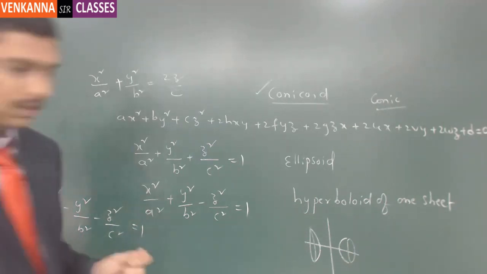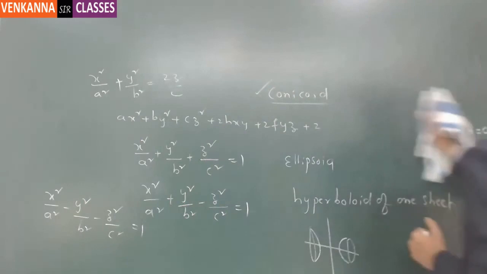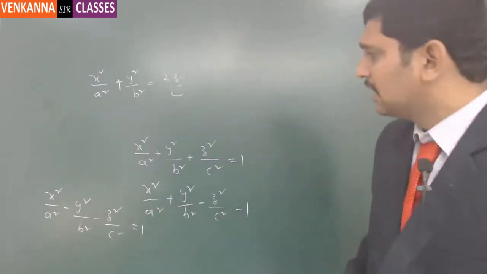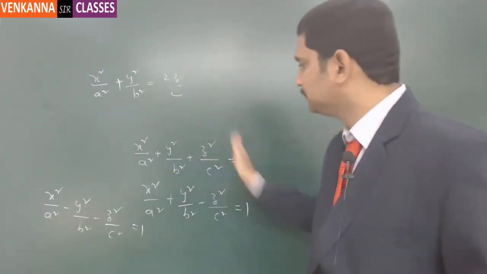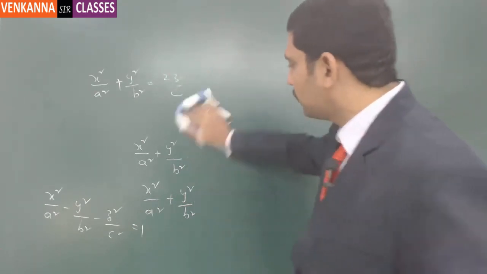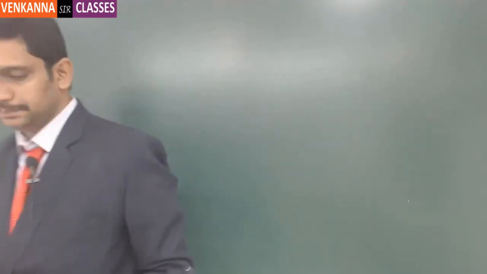Right. Now, we are going to do the problems on equations of this model, and we will do some problems on equations of the other model, what I am writing now.